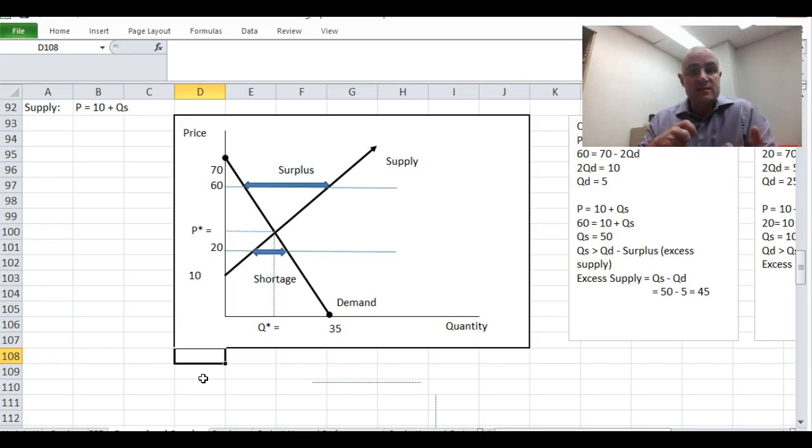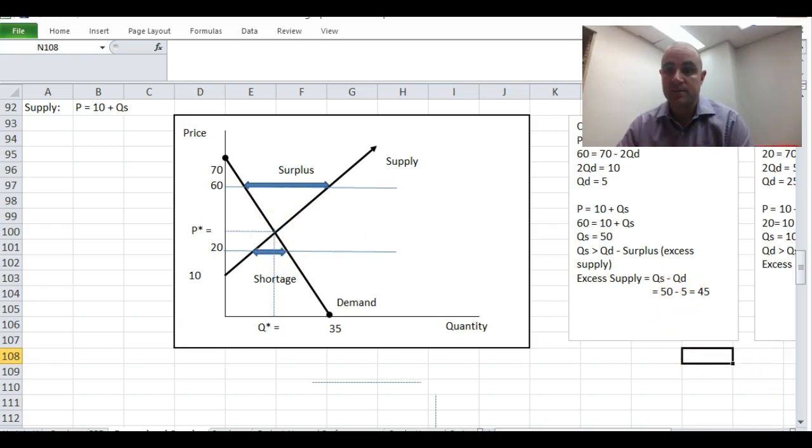At that point, producers have no incentive to raise their prices or lower them. If they raise it, they can lose business, and they're not going to lower it because they're already selling everything that they want to sell. So this point here, this competitive equilibrium, is the point that we're going to get to.